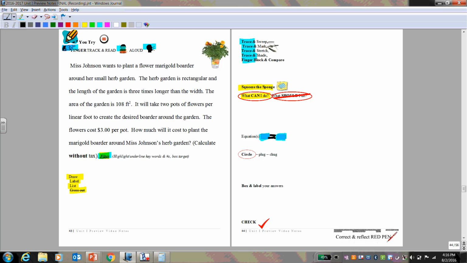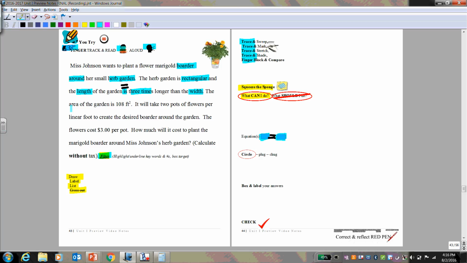Welcome back. So first we're going to filter here. It says Ms. Johnson wants to plant a marigold border around the herb garden. The herb garden is rectangular, and the length of the garden is 3 times longer than the width. Every time you see the word is, that's an equal sign.